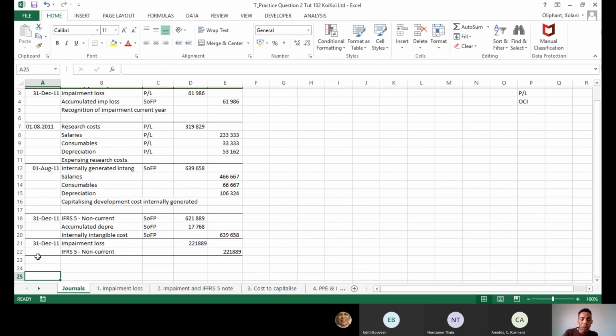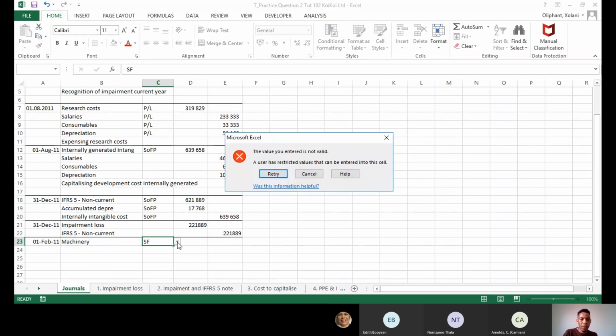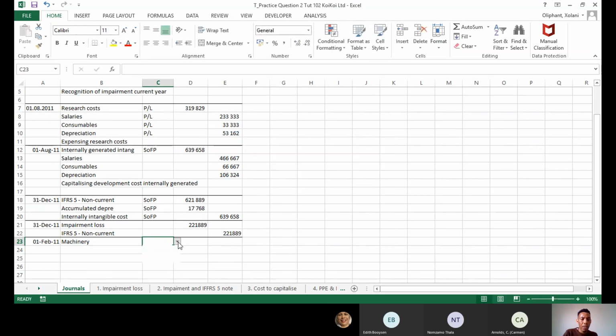Fine. Now I want to do that journal. That machine, we bought it on the 1st of February 2011, so you're going to say machinery, SFP. I think you should know this by now.